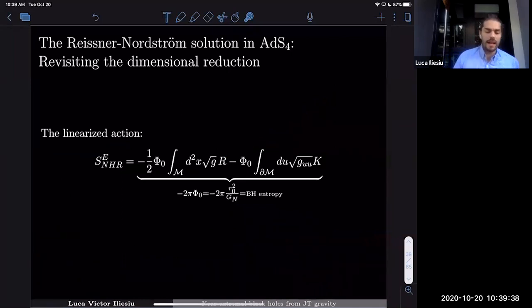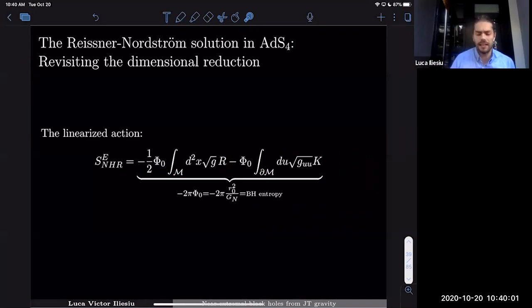This near horizon action ends up having two terms. The first term is very simple. It's the only term that depends on phi 0. It includes a bulk term and the boundary term. But in 2D, the sum between such a bulk term and boundary term is topological. It just gives you the Euler characteristic of the manifold.